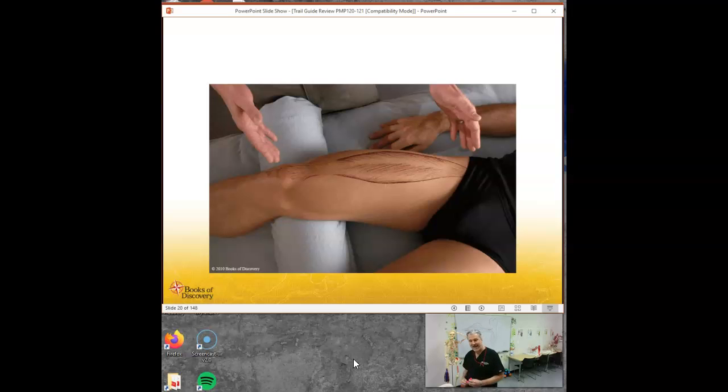The rectus femoris is the most superficial, isn't it? And does it go all the way down the knee and cross over the hip? Yes. Is that what you want to guess? Yes, rectus femoris. It is the rectus femoris, sir.